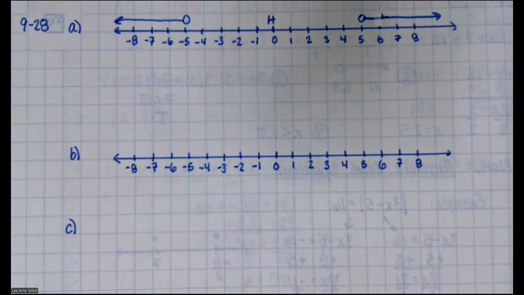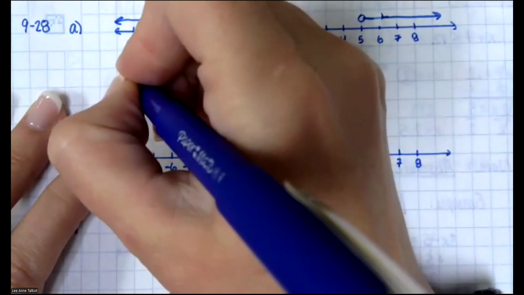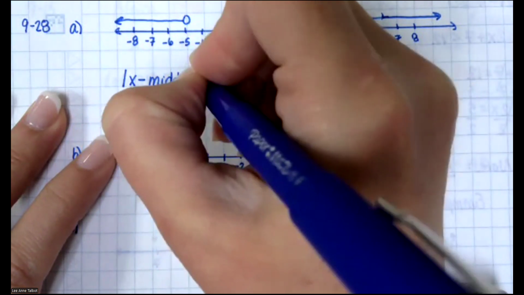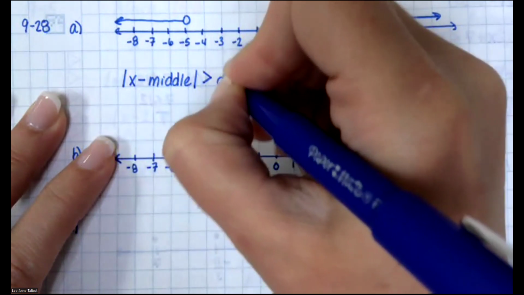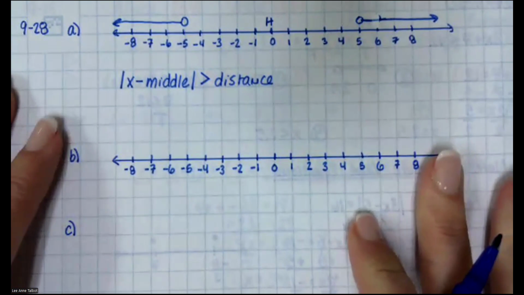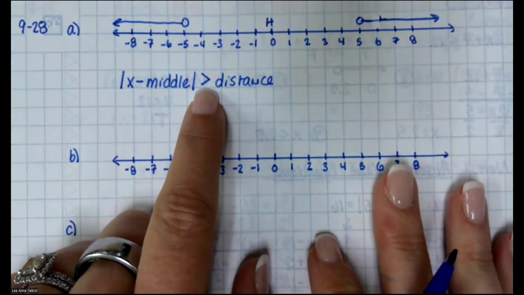Okay, now I want you guys to think about that human number line we did last Friday. I had like only the sides come forward. So this is kind of what we're talking about here. So x minus the middle is more than some distance. So this is more than or far away.